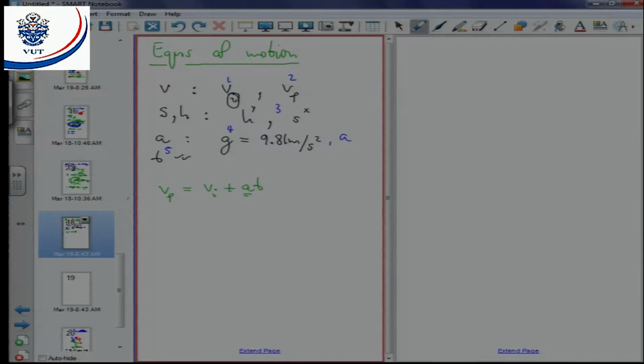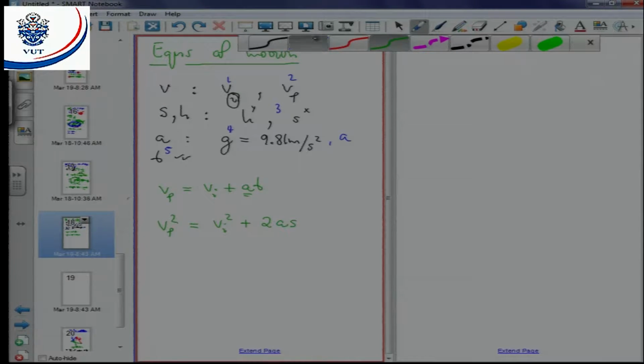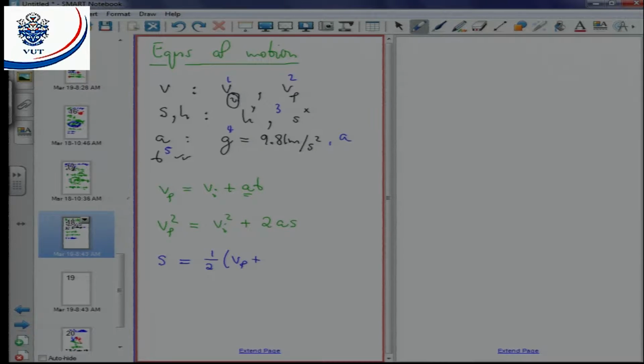Then we have another one, which is Vf squared equals Vi squared plus 2as. And then we also have s or h equals 1/2 (Vf plus Vi) multiplied by t.